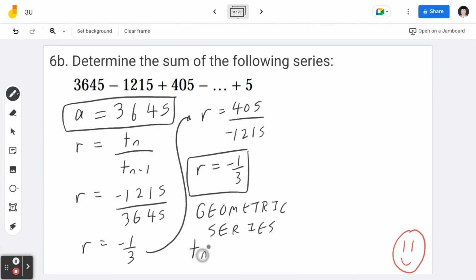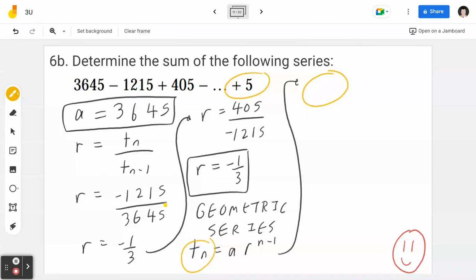So again, Tn is going to be a times r to the power of n minus 1. Tn, which is the last term, which I'll circle for you for your reference. Again, that's going to be 5, which equals a, which is 3,645, times negative 1 over 3 to the power of n minus 1.